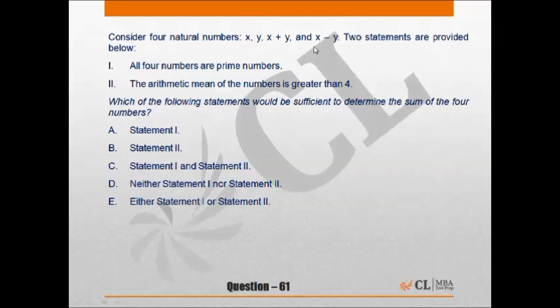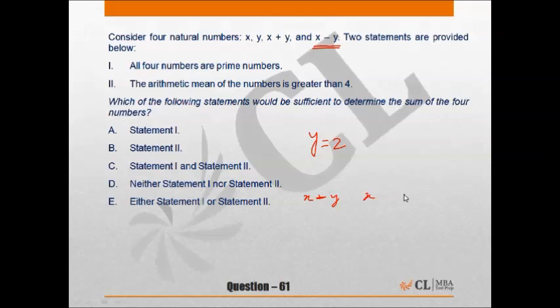It can also be seen that x minus y, which is obviously a positive number, is a prime number. It means the value of y has to be less than the value of x. So from here 2 has to be the value of y.